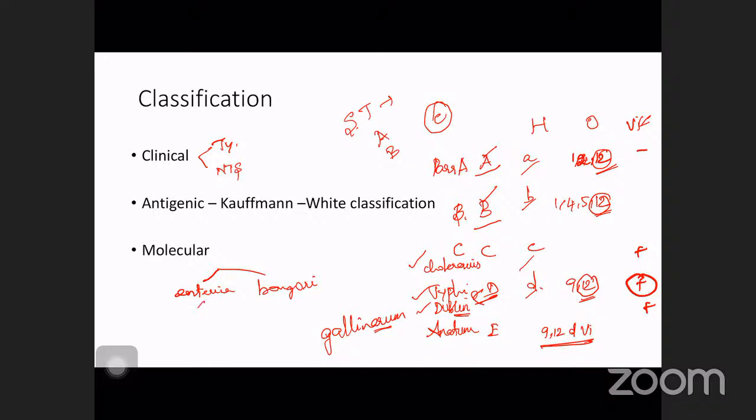Salmonella enterica is further subdivided into six subspecies, which include enterica, salamae, and others. You just remember the subspecies enterica. Therefore, the full name of Salmonella typhi will be Salmonella enterica, subspecies enterica, serotype typhi. Now you know that the species name is enterica and the serotype name is typhi. Because this is the serotype name, it is written with a capital letter.